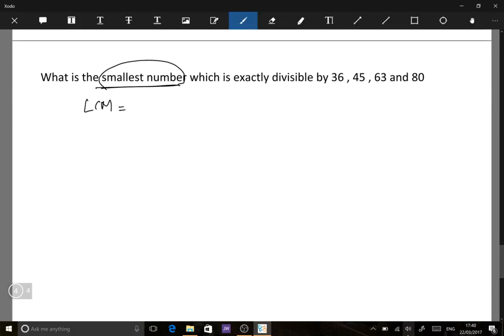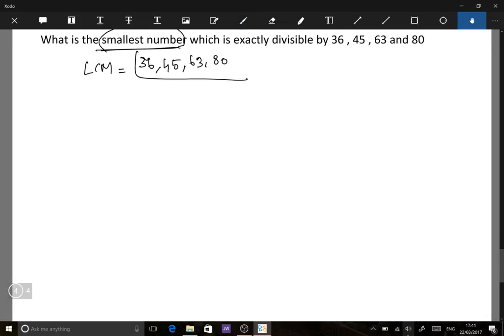So LCM of 36, 45, 63, 80. Now we have to solve this. How can I solve this? There has to be some way in which it can be solved in an easier way.